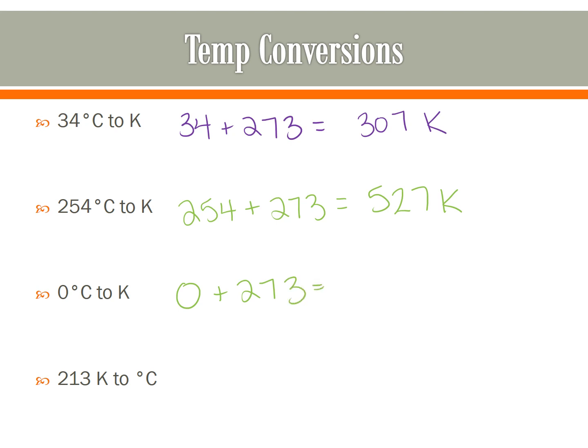Can't get much easier than that. 273 Kelvin. Now I want to do the reverse. Kelvin to Celsius, I'm going to subtract 273. Negative 60 degrees Celsius. It's okay to have a negative temperature in Celsius, but you will never have a negative number on the Kelvin scale, and that's the reason we use it for gas laws, because we can't talk about a negative pressure and a negative volume. That's not a thing.